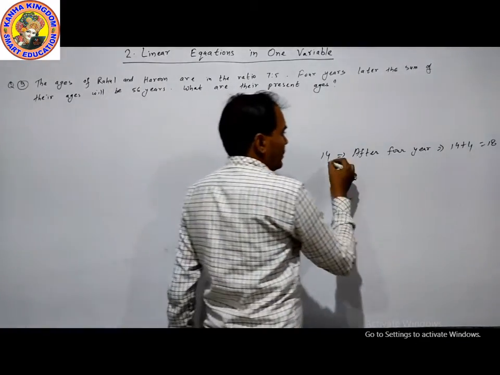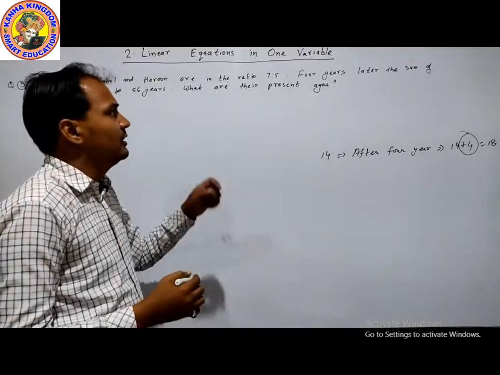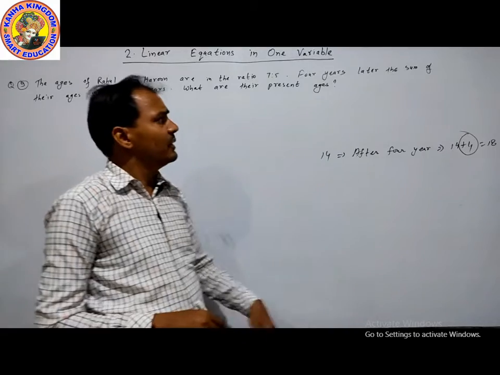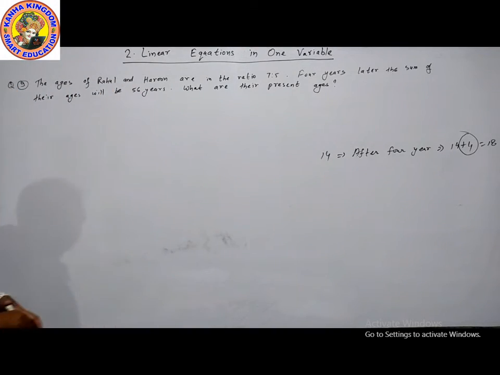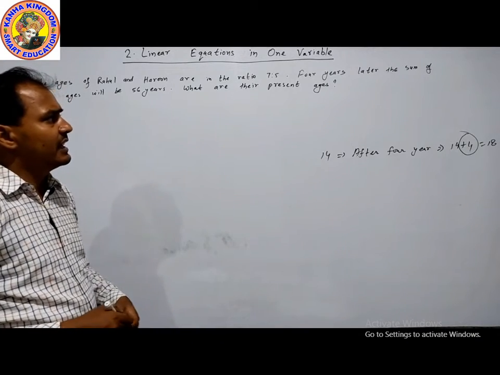So we will add 4 to both ages. After 4 years, the sum of their ages will be 56. What is their present age?